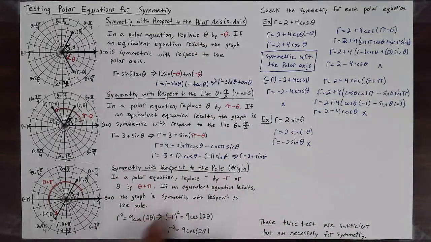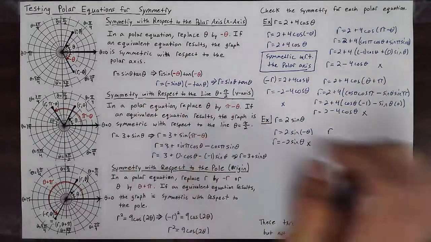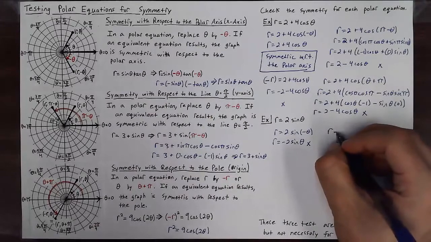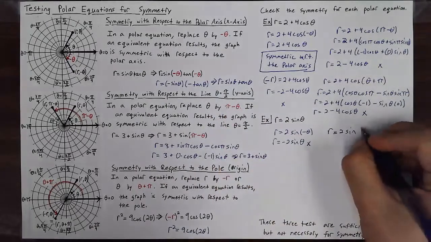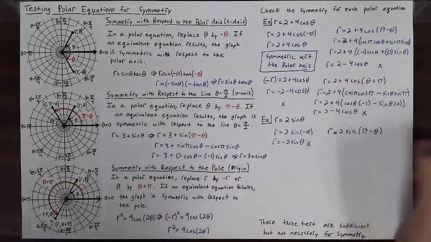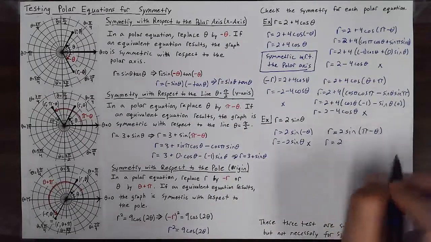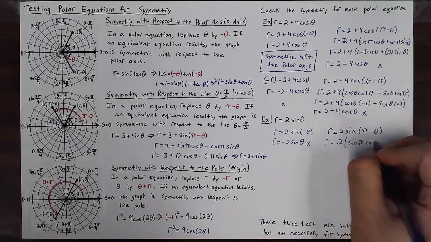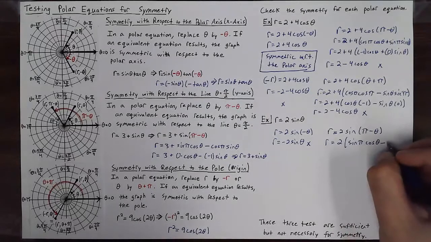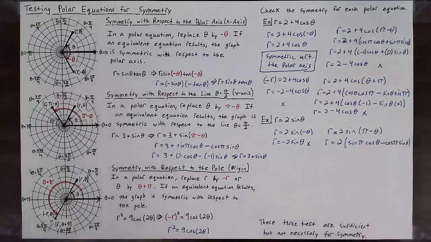But now I can test out the symmetry with the line, and that gives me r is equal to 2 times sine of pi minus theta, and we'll see if we get the same thing. So r is equal to 2, and I'll use the difference formula, sine of pi times cosine of theta minus cosine of pi times sine of theta for the difference formula.